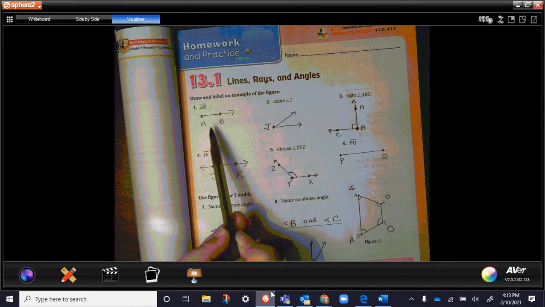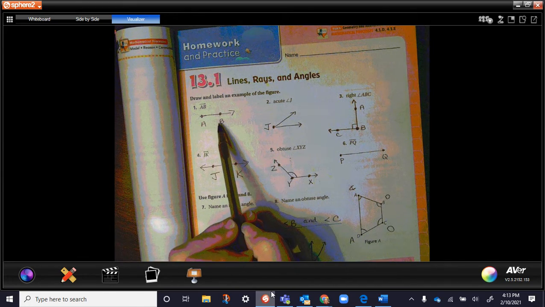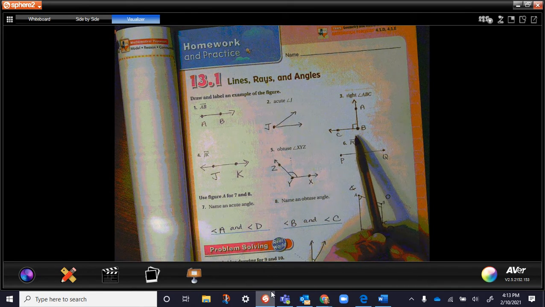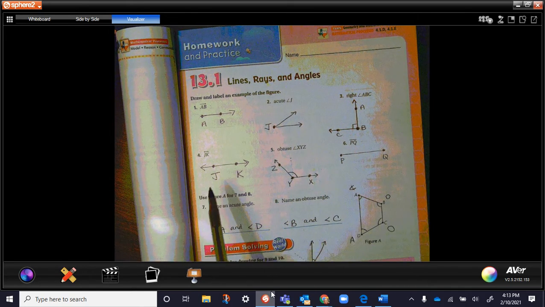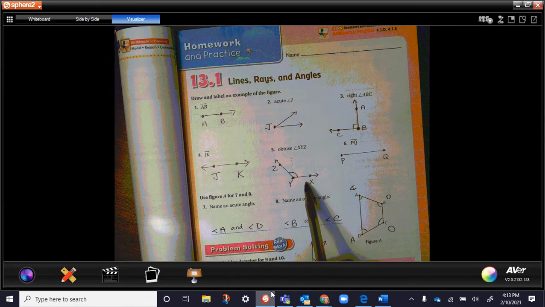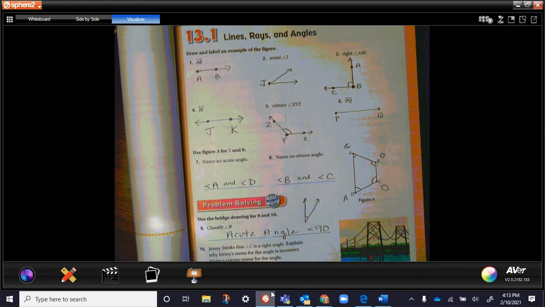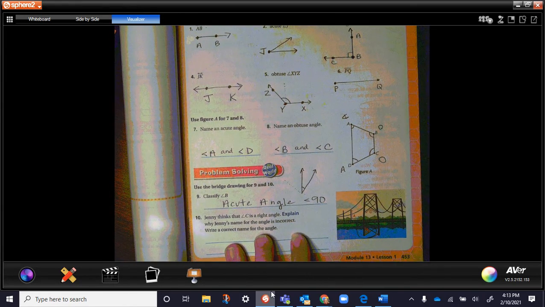So this is just drawing. You're drawing a ray here. You're drawing angle J, right angle ABC, line JK, obtuse angle XYZ, line segment PQ. Here you're naming some angles. So here's your shape.